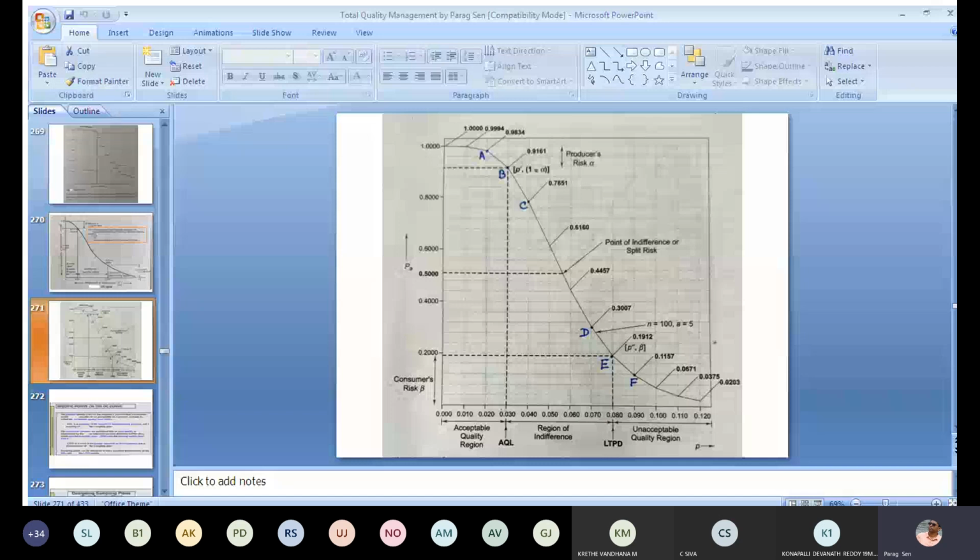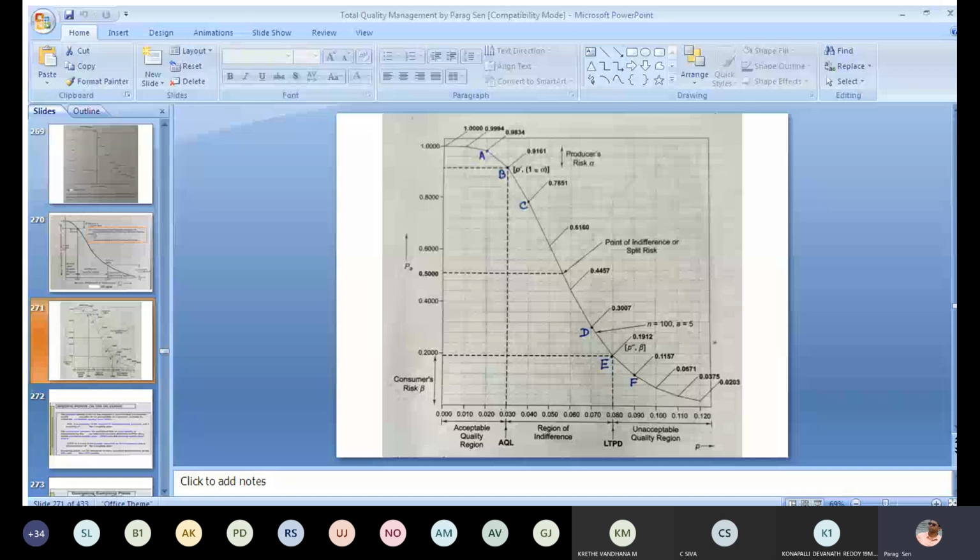But it may so happen that due to sample variation, in the sampling that is done by the consumer, the number of defective items that you have found during the sampling is less than the acceptance number.